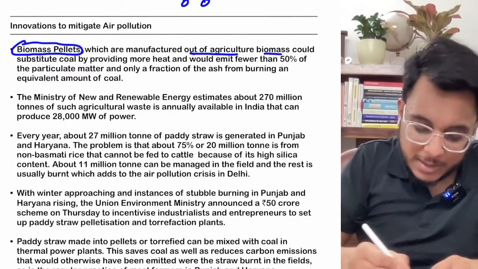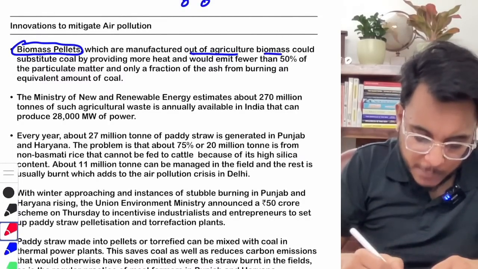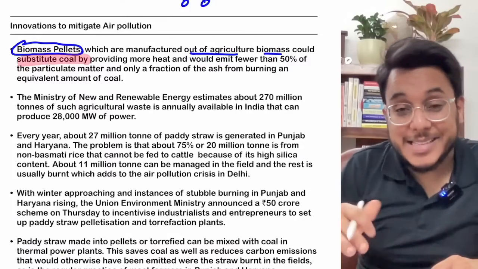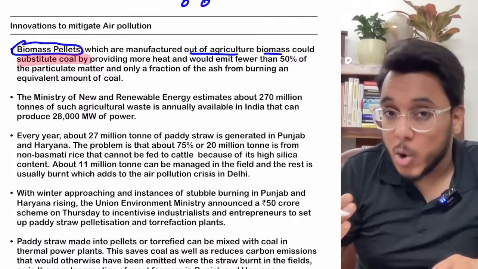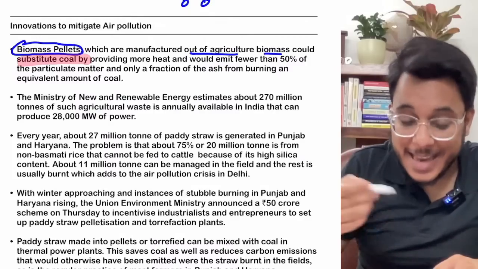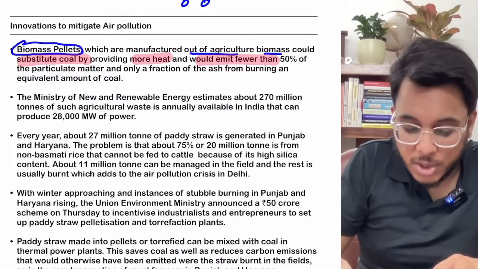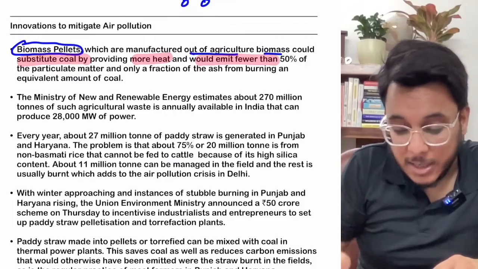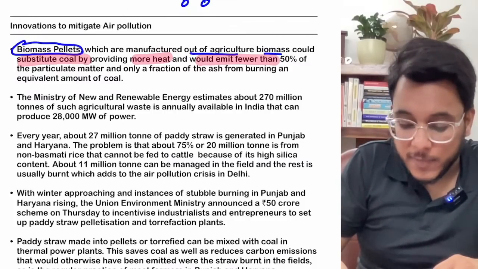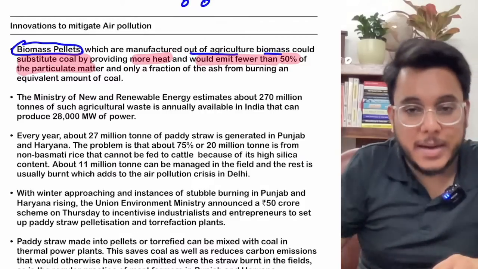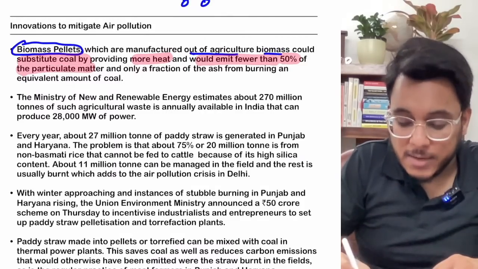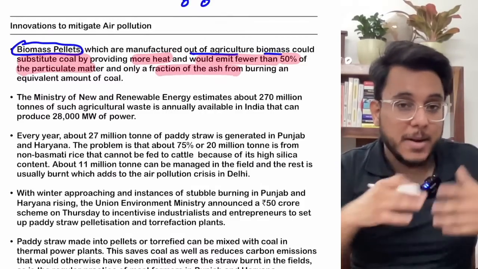First of all, they can substitute coal, as they can be burned in coal fired power plants, and they provide more heat and emit fewer carbon emissions. They emit 50% less particulate matter, and give out a fraction of the ash compared to coal.